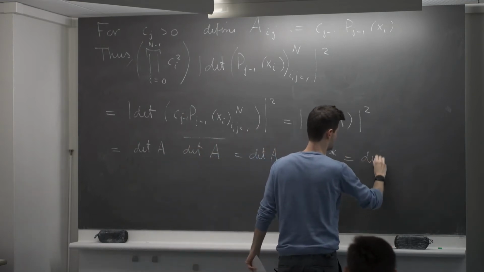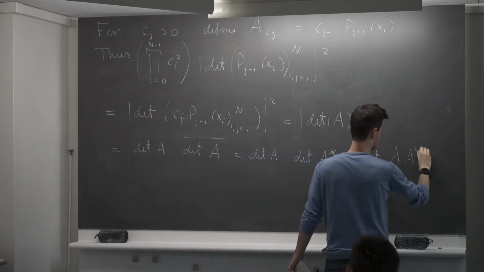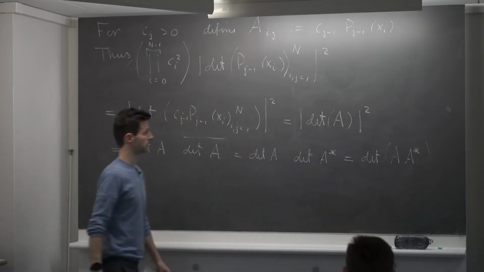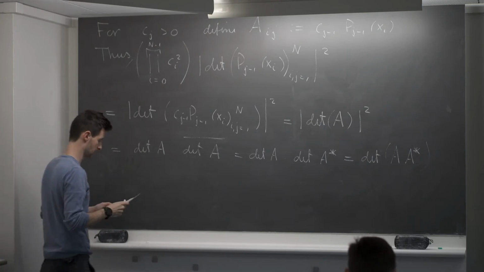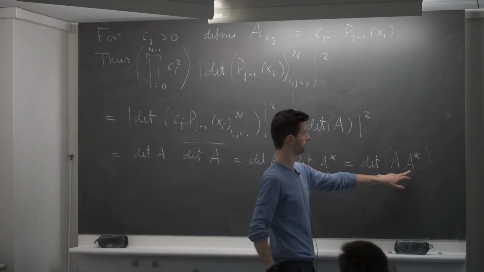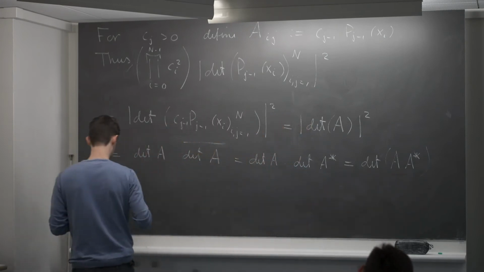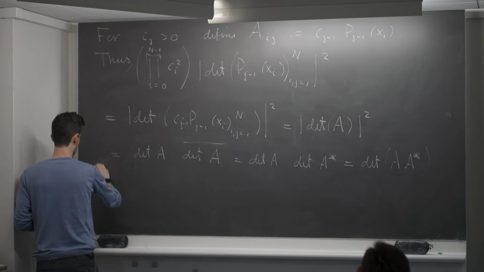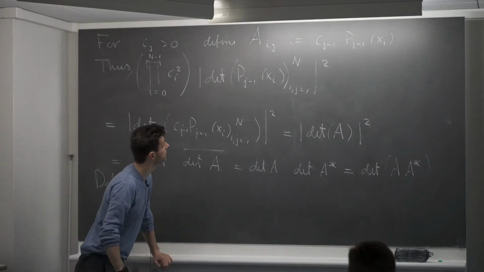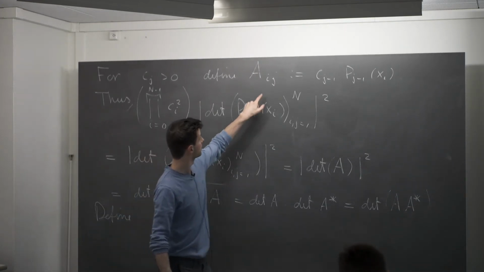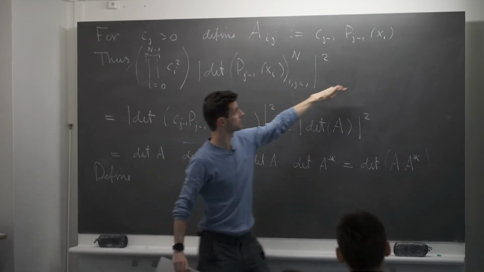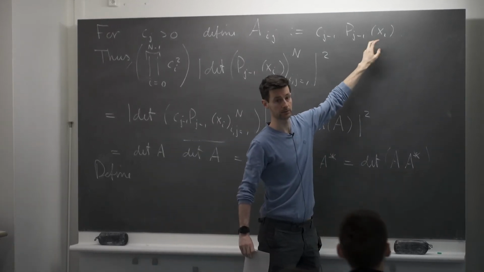And now I can use this property of determinants to write this as the determinant of A times A star. And now I will give this matrix a name. If you recall the definition of A, the first index here, the I index, really depends only on xi, depends on I through xi.